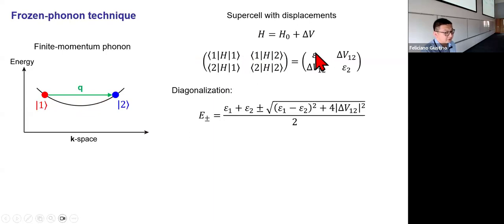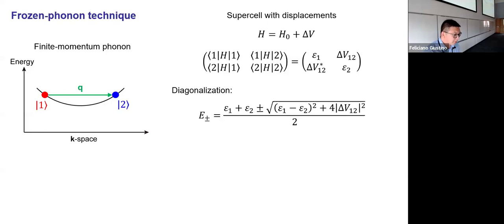The diagonal matrix elements are just the original energies of states 1 and 2, and on the off-diagonals, we have the scattering strength. That's a very simple 2x2 matrix that can be diagonalized by hand, and this is the new energy that we get. So this equation tells us that the energies will be different, as we can imagine.